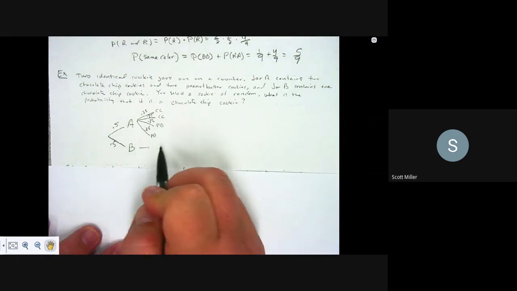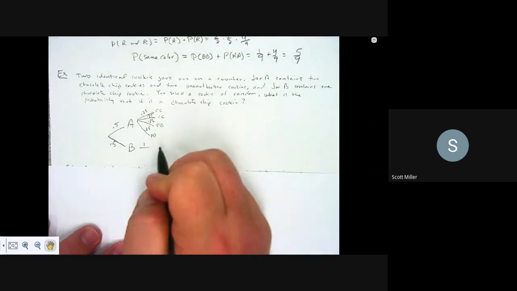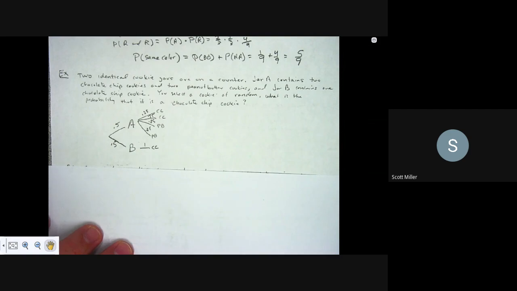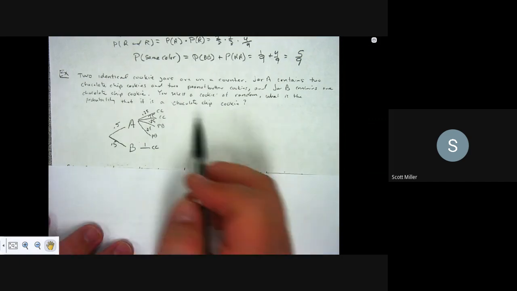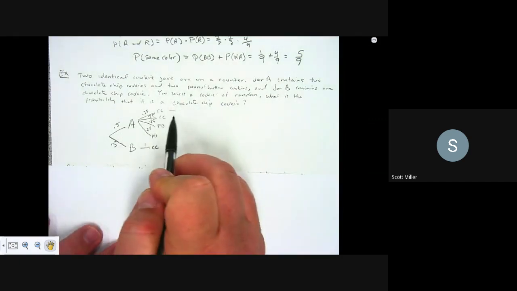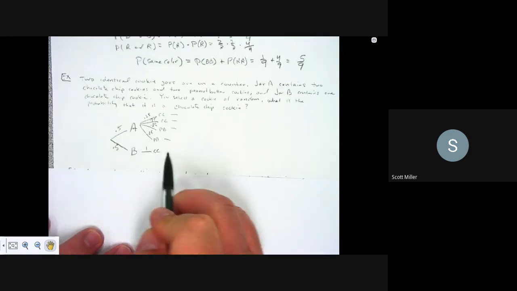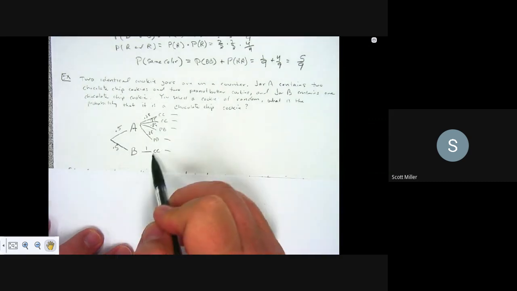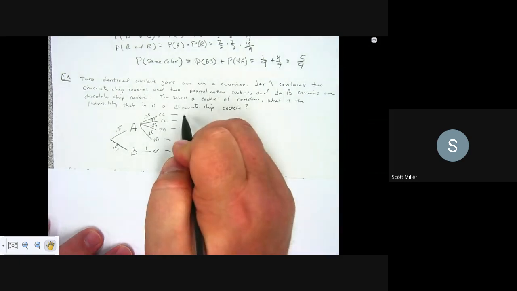Since there's only 1 cookie, you have a 100% chance of picking that cookie if you chose jar B. So what this illustrates to us is that these are not equally likely events, and so the tree makes it a lot easier to do. Finding the probability of each of these as we go across is a multiplication. So what is that times each of these items here? When you do that, you'll find you get 0.125 for each of these.